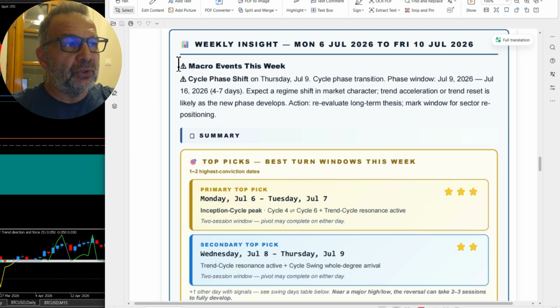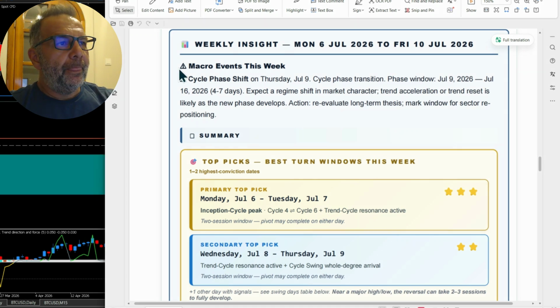This is important to look at: macro events for the week. The reason you want to look out for the macro is this is where you're going to get that shift. If there is a shift in the market, it's going to tell you in this place here.